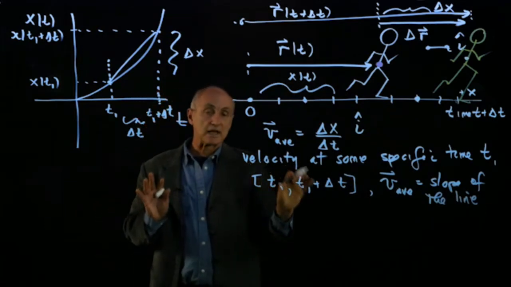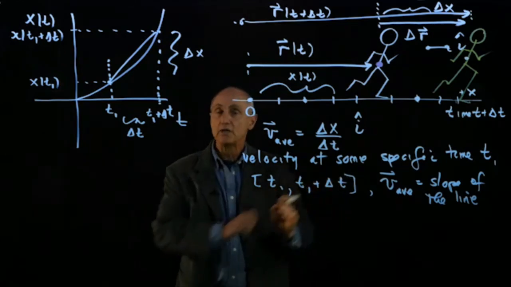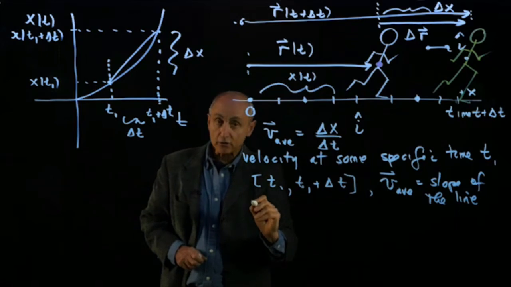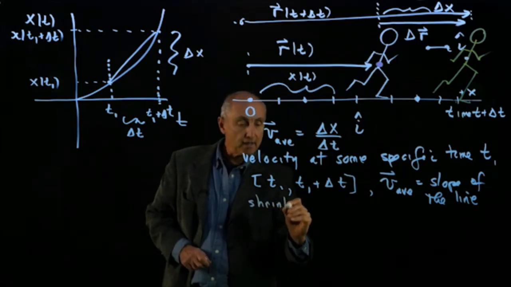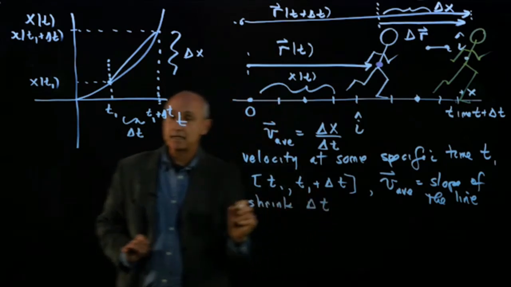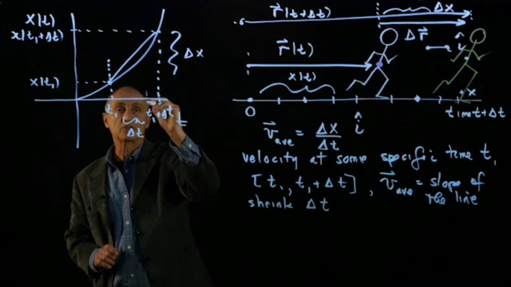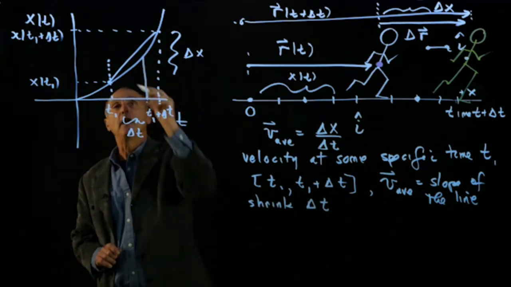Now, this is just an average velocity, and what we would like to do now is shrink down our interval delta t. So let's make another case where we shrink delta t, and let's again calculate the average velocity. Suppose we have a smaller delta t, and we draw that line.